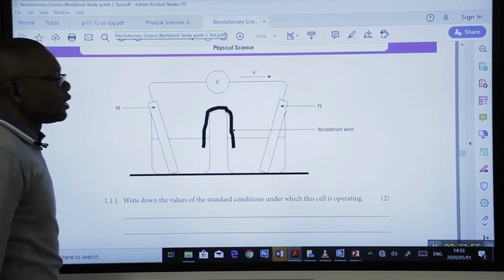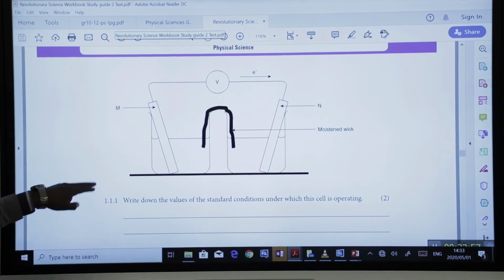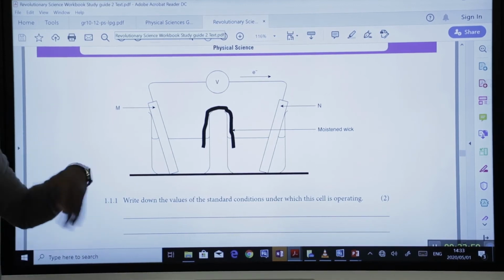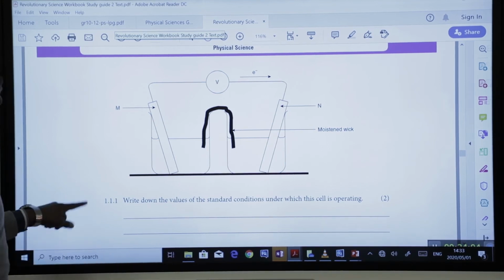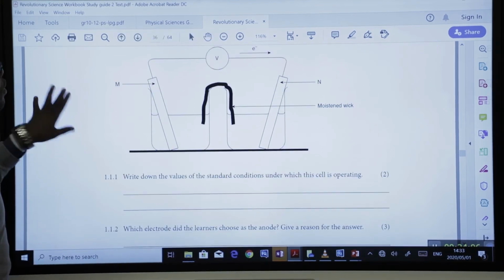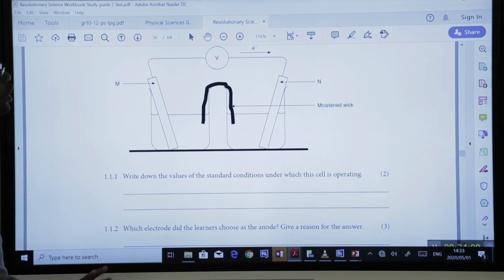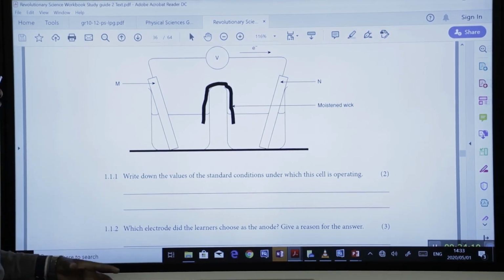There are direct questions which we can use to practice, to implement and apply the electrochemical background information we were dealing with in the past two sessions.